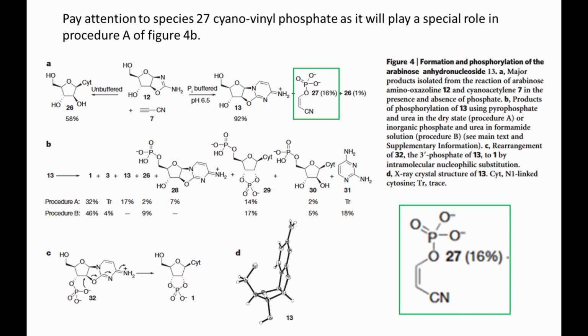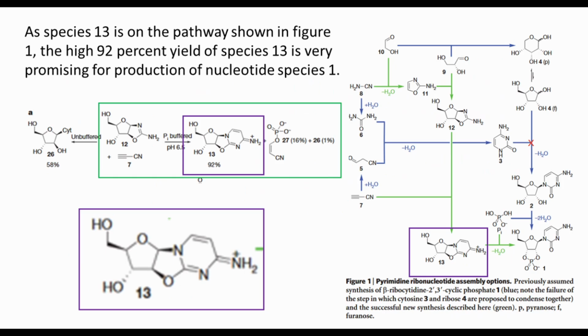Pay attention to species 27 cyanovinyl phosphate, as it will play a special role in procedure A of Figure 4b. As species 13 is on the pathway shown in Figure 1, the high 92% yield of species 13 is very promising for production of nucleotide species 1.